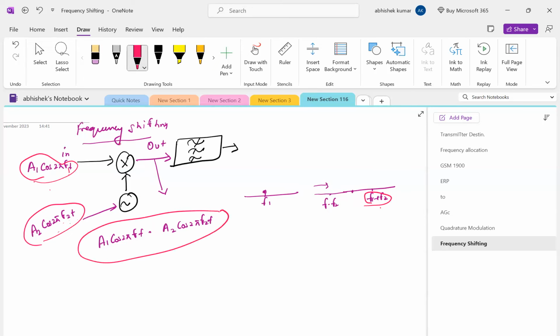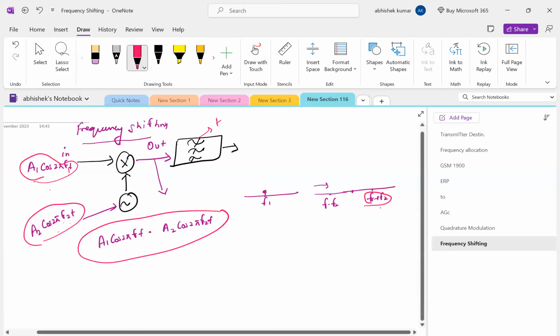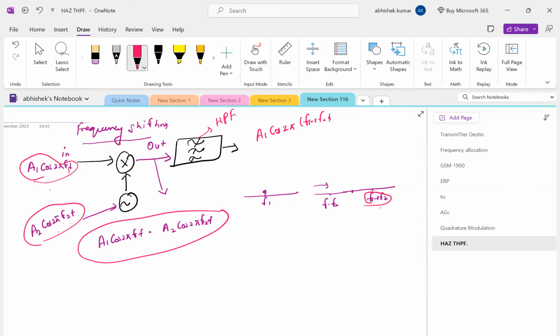Suppose I choose a high pass filter, I will get here A1 cos 2 pi (F1 plus F2)t, because this will make it A1 A2 by 2 times cos 2 pi (F1 minus F2)t plus cos 2 pi (F1 plus F2)t.